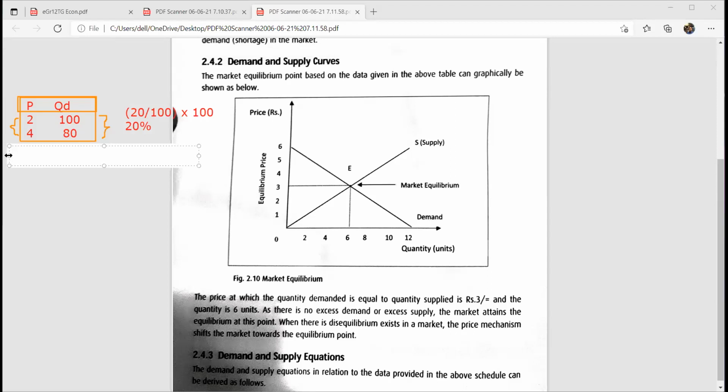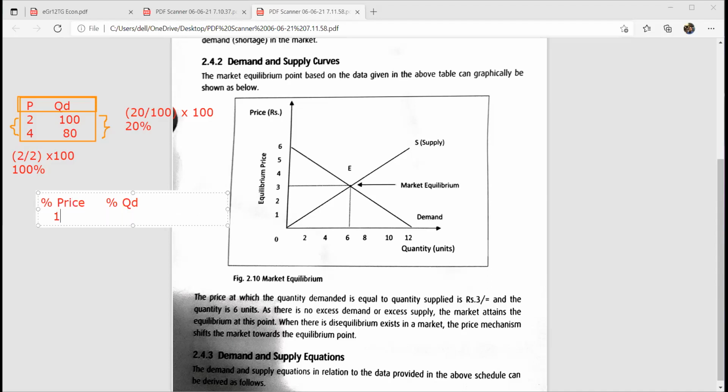And the next one, price. The price of the good changed by 2. The original value was 2, multiplied by 100. Then the answer is 100%. So what we understand is the percentage change in price and the percentage change in quantity demanded.